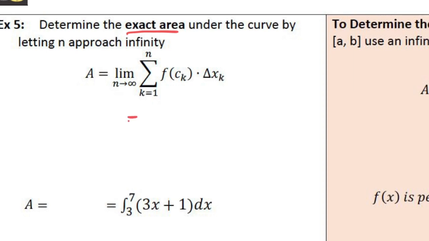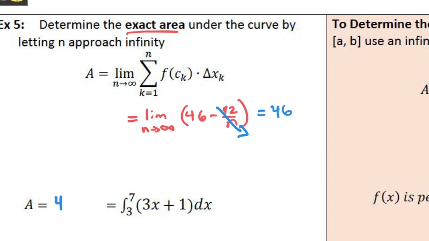So this answer became the limit as n goes to infinity for the function we were playing with, 46 minus 42 over n. Your 42 over n went to 0, and the answer was 46. That is the exact area under the curve.